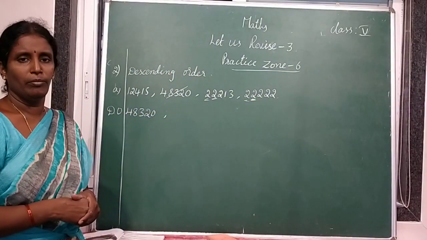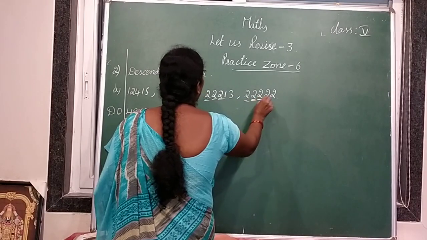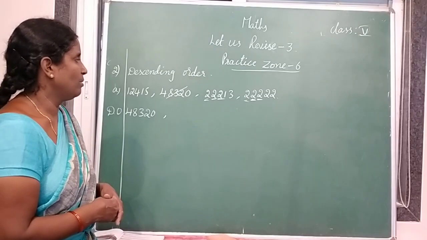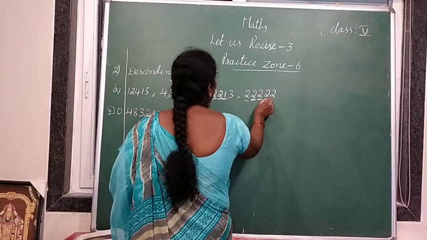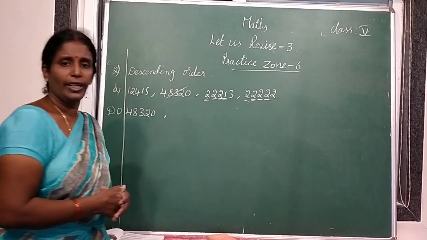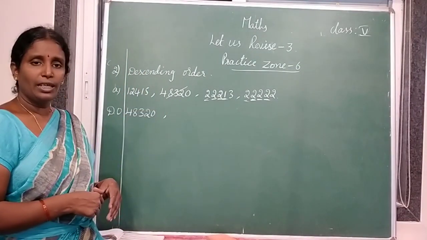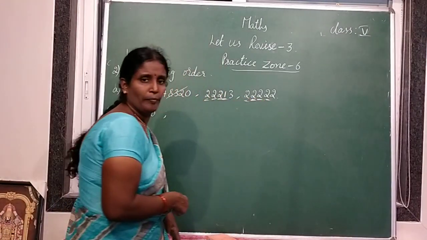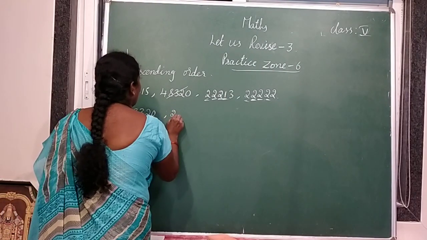Again both are same. So compare the next digit, 2, 2. Is it same or different? Same. So go for the next digit. 1, 2. Is it same or different? Different. So which is the greatest number? 1 is greater or 2 is greater? 2 is greater.